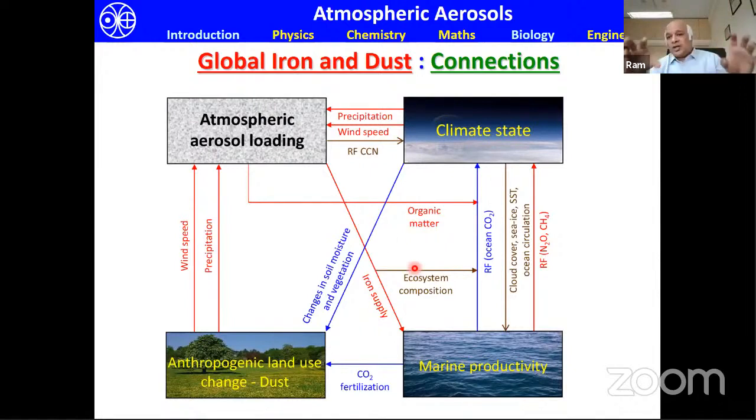All of them are closely coupled. So you can see that the aerosol forms an important link in the entire biogeochemical cycle. Alteration or changes in any of these, to the climate, marine productivity or land use, can influence the other module, and then can contribute to climate change.